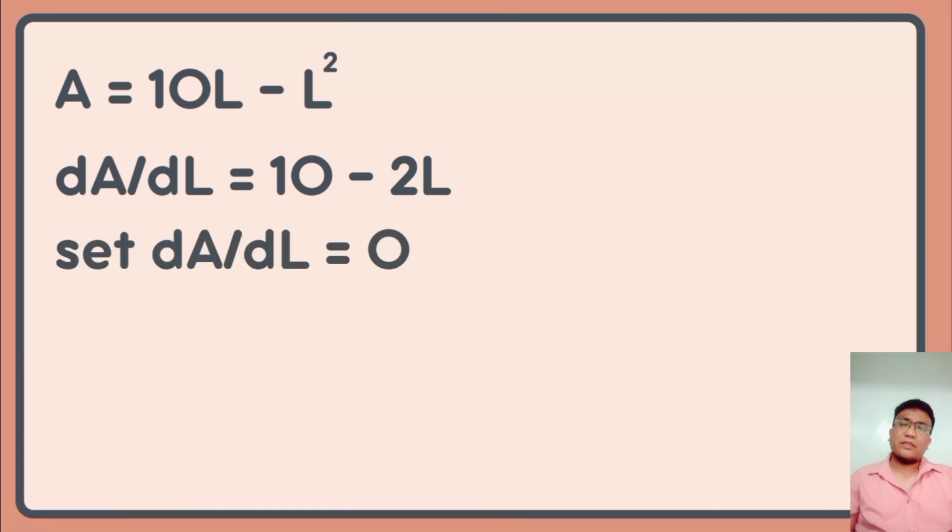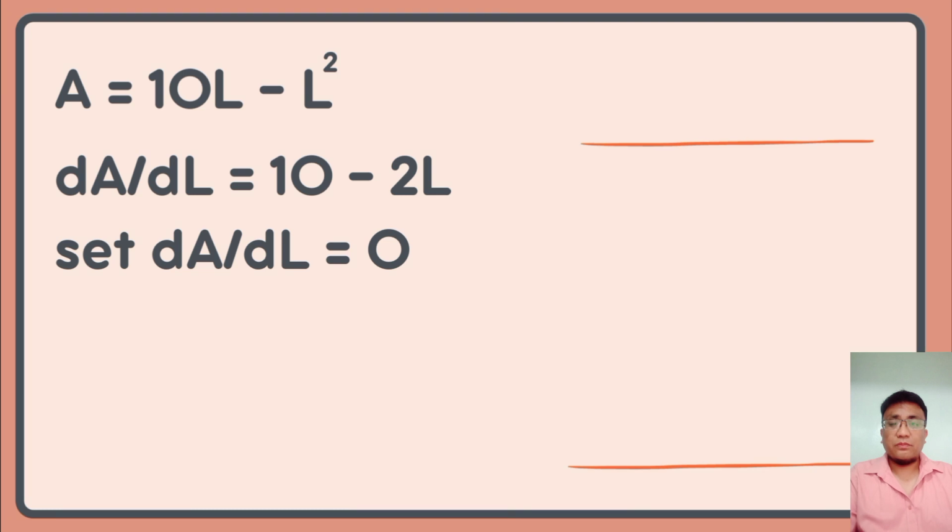So why do we need to set it to 0? Okay, what is zero slope? Does it look like this? It's a horizontal slope. Correct? This is a horizontal slope.